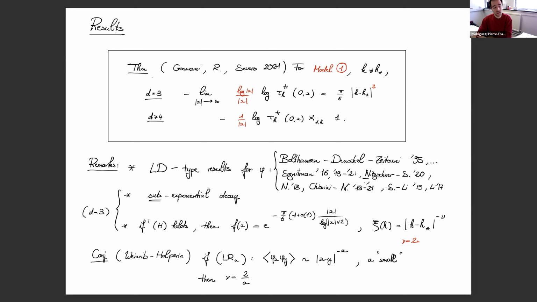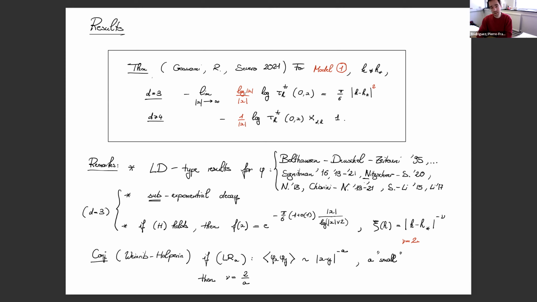It teaches you that if this scaling hypothesis holds, then you can in fact identify the leading exponential decay. It's what I said, this exponential in x over log x function. And more importantly, it also identifies what psi has to be, because we have this explicit dependence on h over here.